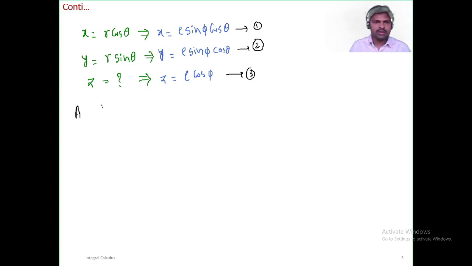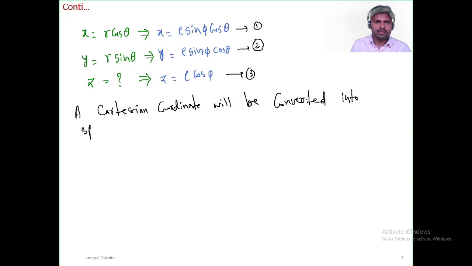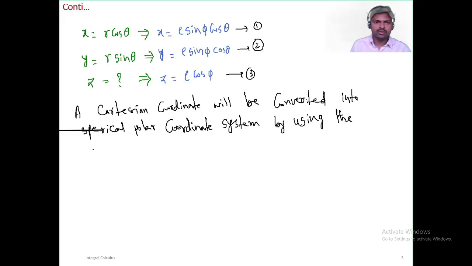So a Cartesian coordinate system will be converted into a spherical polar coordinate system by using the above three transformations, the above equations 1, 2 and 3.